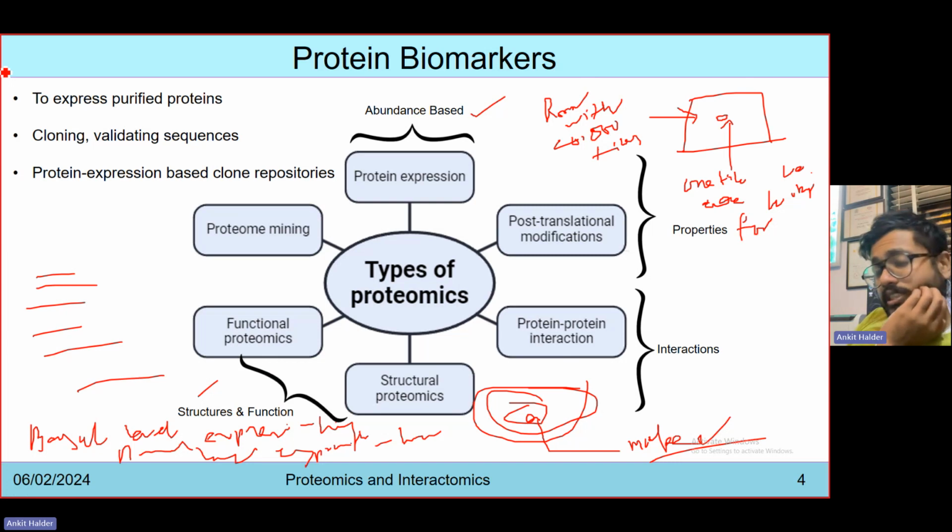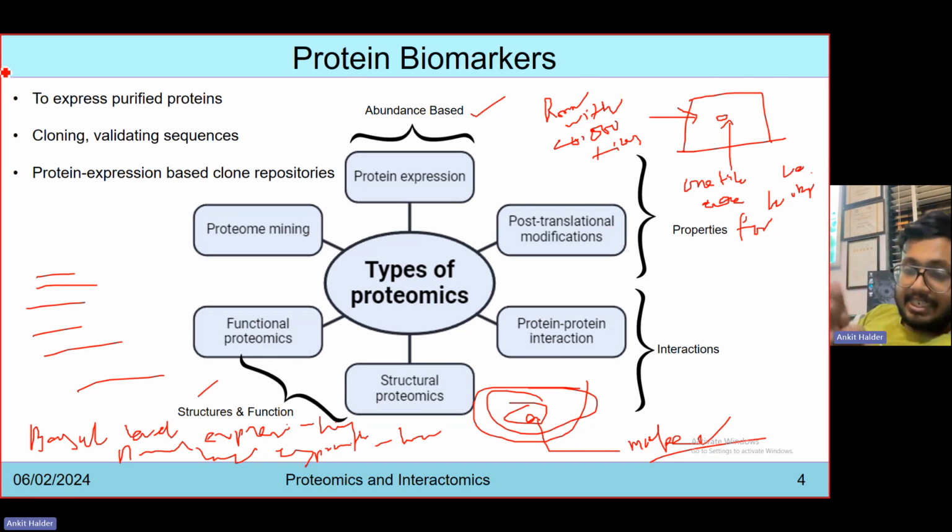Then we need to perform the cloning, validate the sequences, and form a protein expression based clone system, protein expression based clone repositories, which would be used for expressing in the particular expression vector, which would express your particular protein.